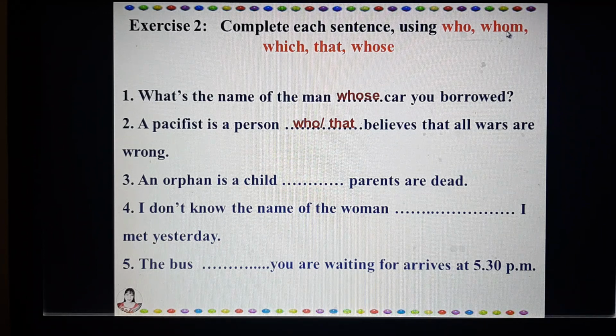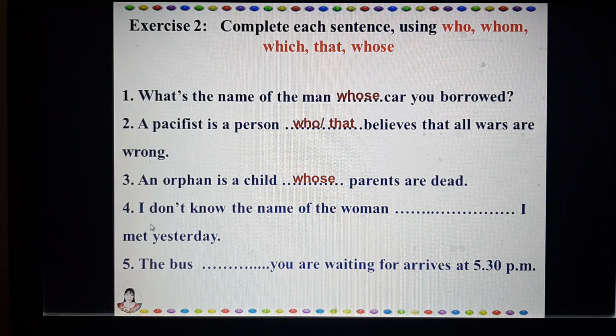You know, you cannot use that here because a verb cannot follow it. Number 3. An orphan is a child whose parents are dead.